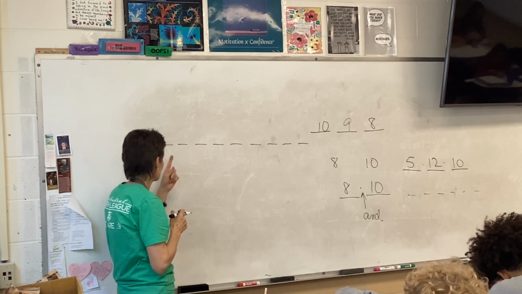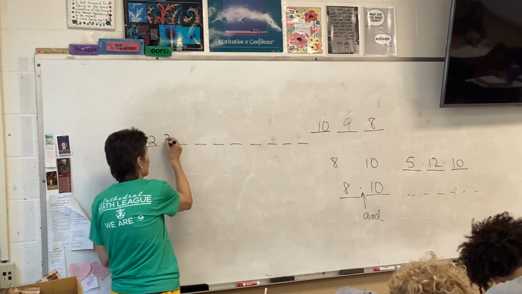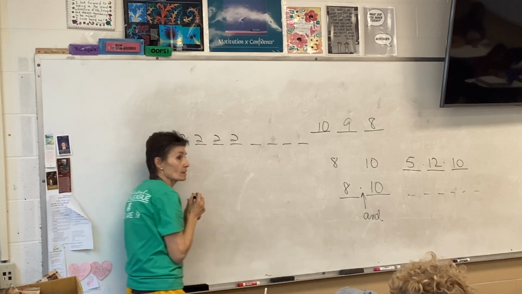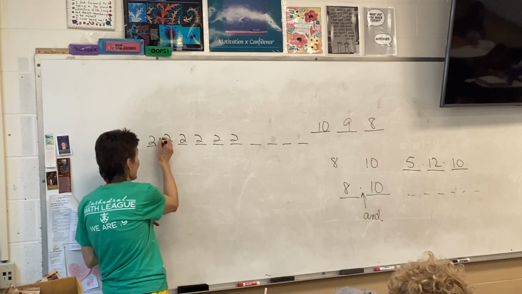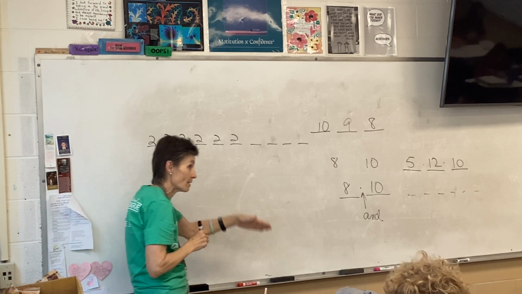How many choices do I have for question number 2? 2. You only have 2 choices for all these? I'm answering question 1 and 2 and 3 and 4, so I'm going to multiply all those together.